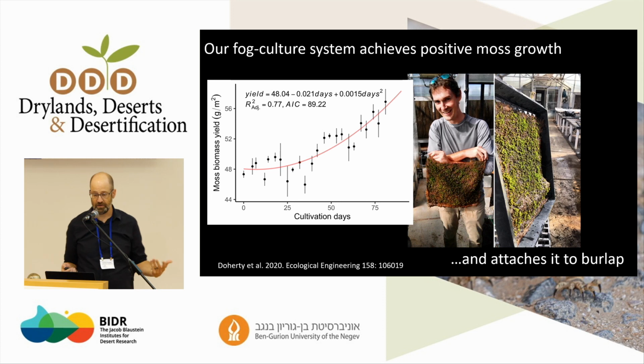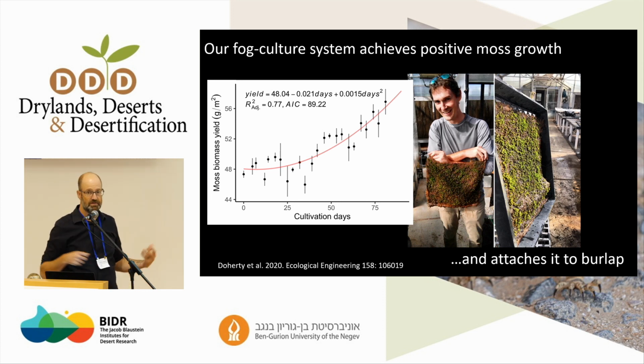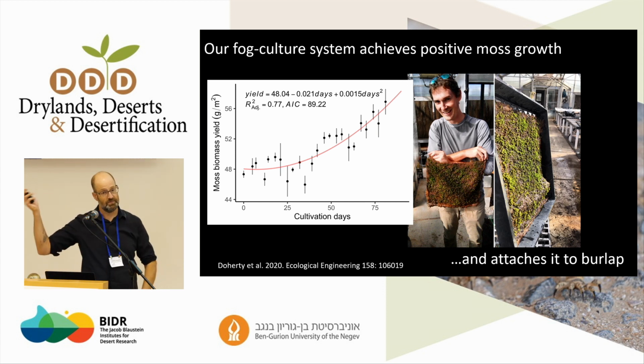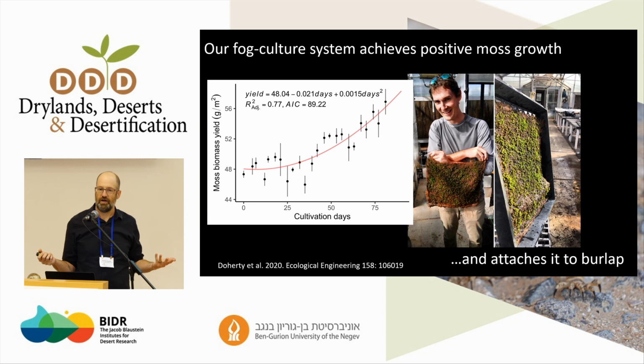So going back to the fog culture system, it is a production method, and it does generate new growth of mosses, so that's great. We can take some moss and turn it into more moss. But also very important is that the process of doing that attaches it to cloth, which is very convenient and an interesting thing to play with.